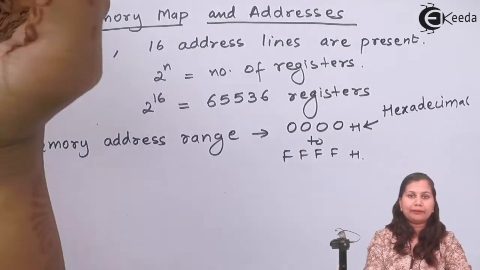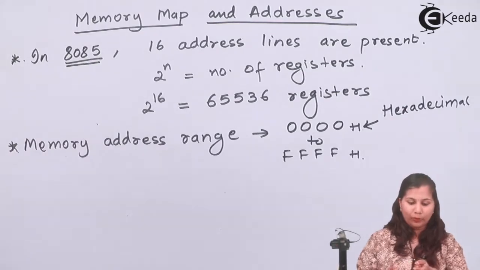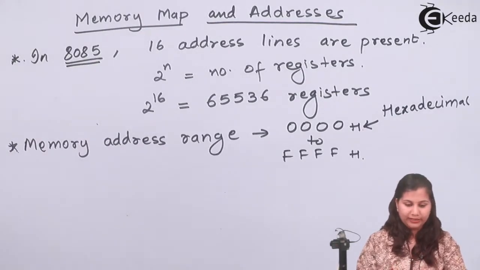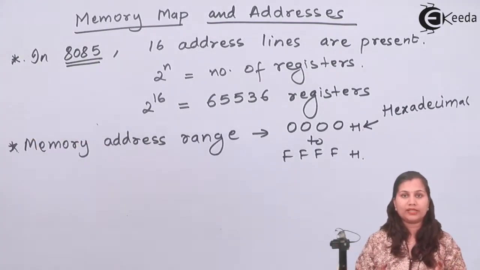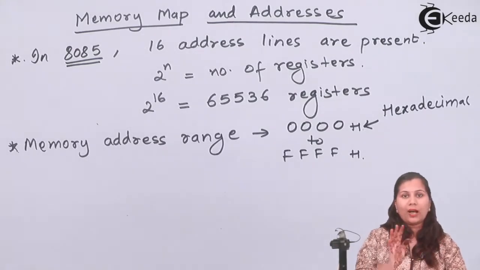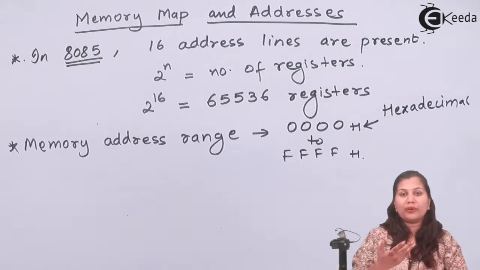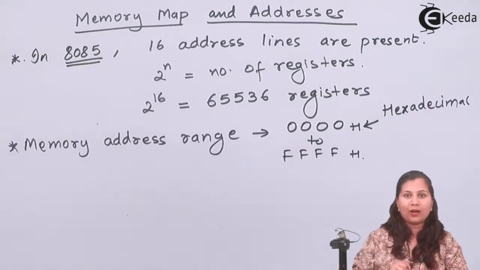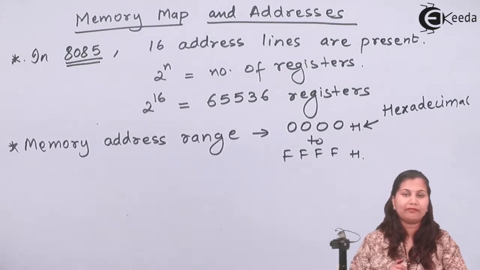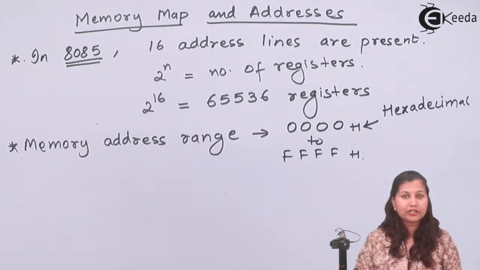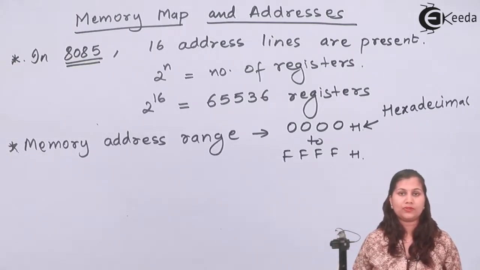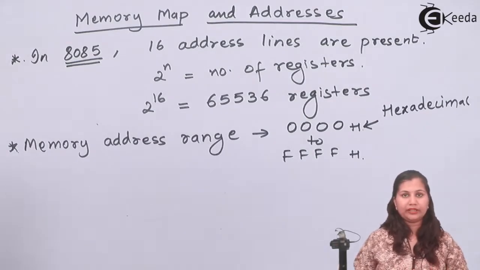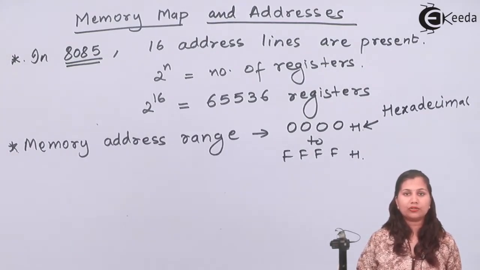Take an example: we are going to a colony that has 1000 houses which are identical with each other. All the houses are identical, so how are we going to identify the house of our relative that we have to go to? The society will organize those houses by dividing the 1000 houses into blocks.